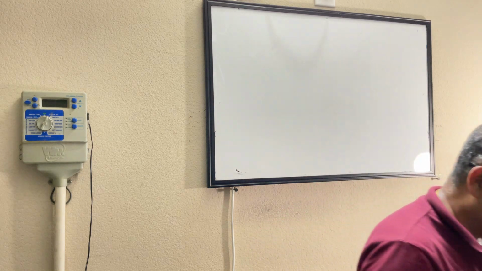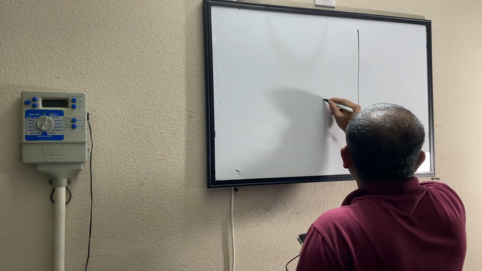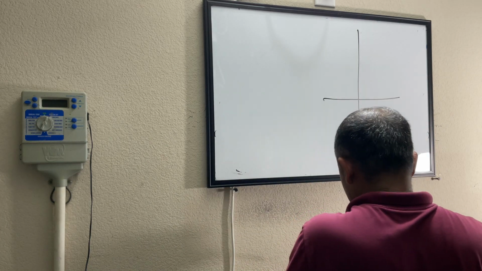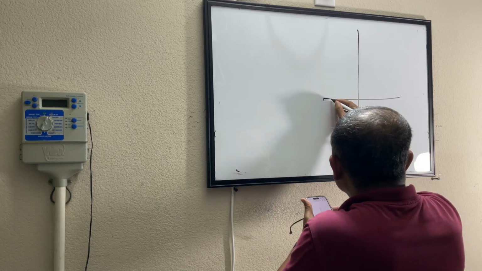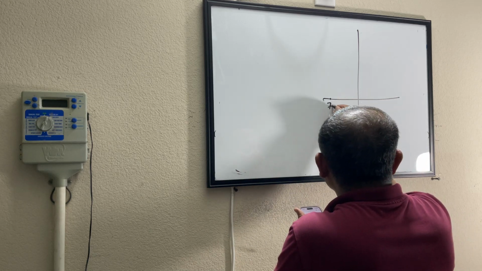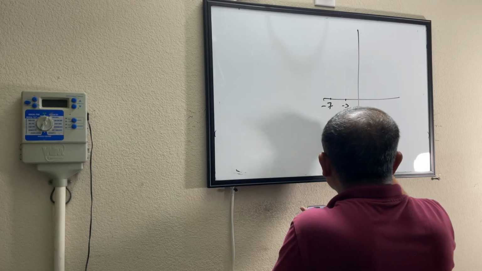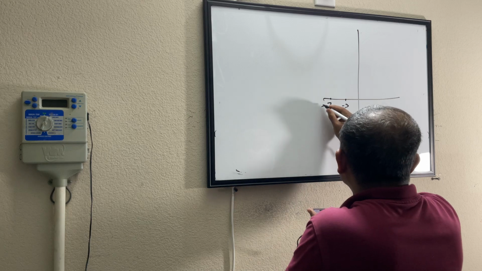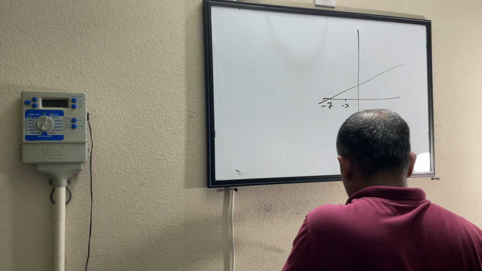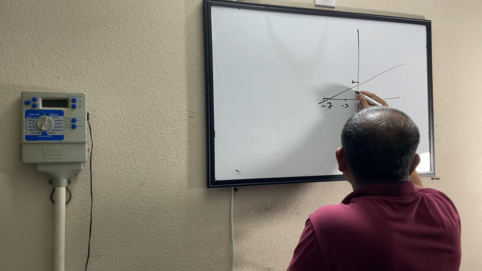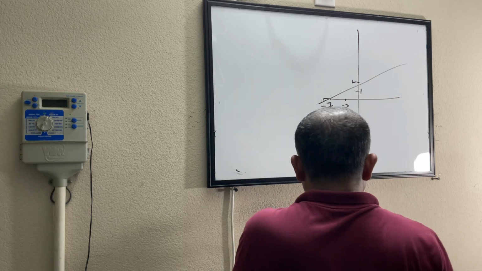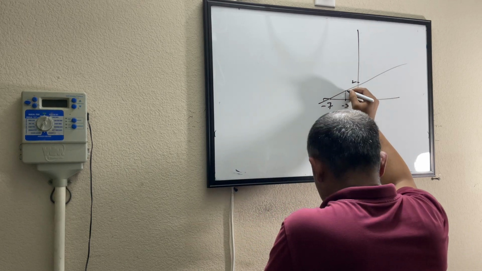Now we have a question which says, here is the graph given, which is, this is 7, and this point is -7, this point is -3, and there's a line going from here, and this point is 2, this point is 1.